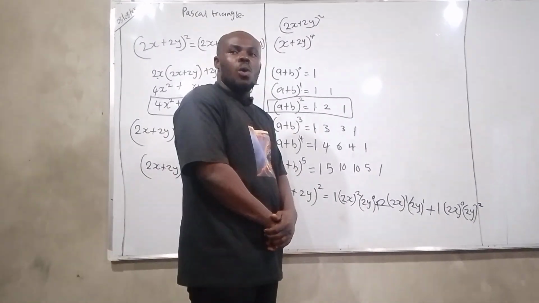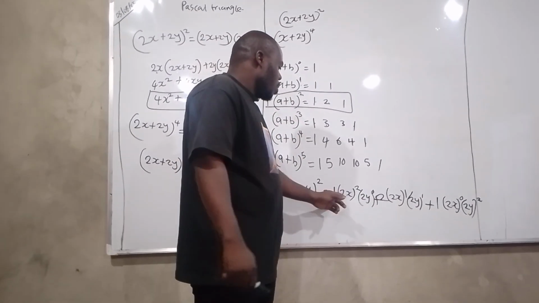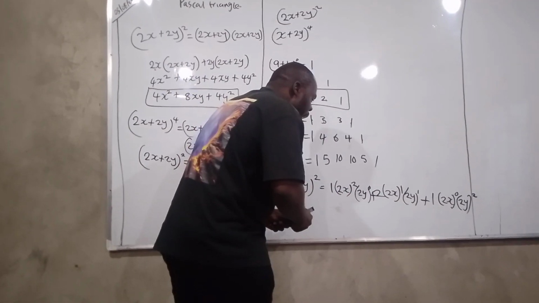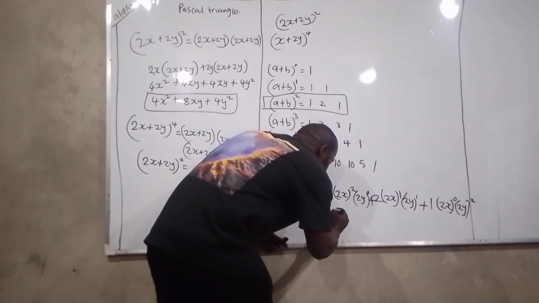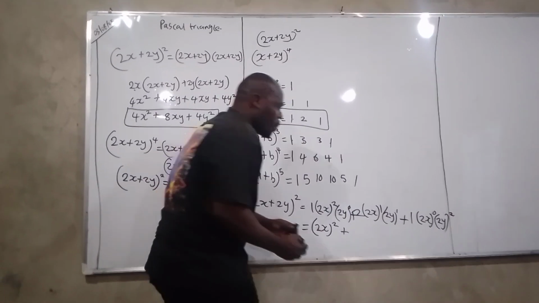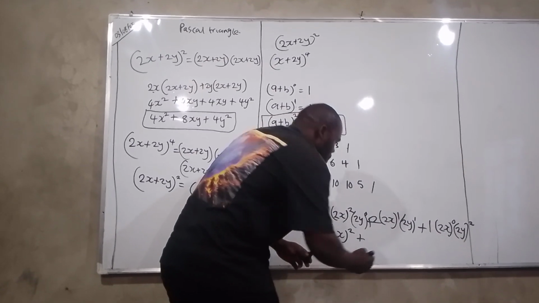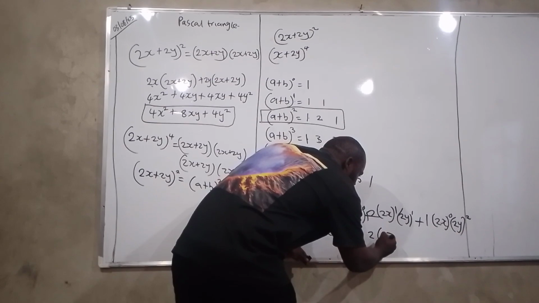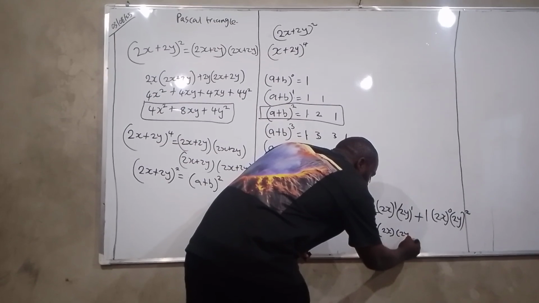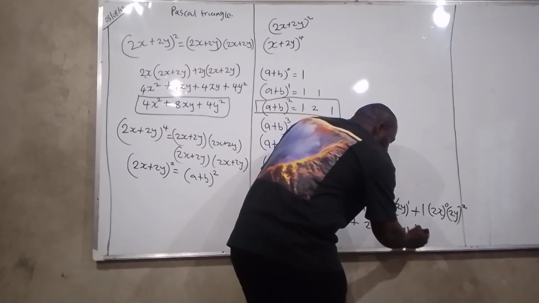Now, anything raised to the power of 0 is 1. So 2y raised to the power of 0 is 1. 1 multiplied by 1 is 1. So this brings us to (2x) squared. Plus, this is just the power of 1, this is power of 1, this is power of 1, so this becomes 2 times 2x times 2y.